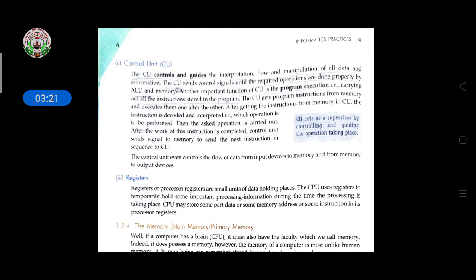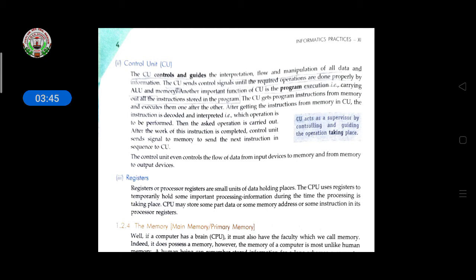The CU gets program instructions from memory and executes them one after the other. After getting the instructions from memory, the instruction is decoded and interpreted, that is, which operation is to be performed. Then the operation is carried out.